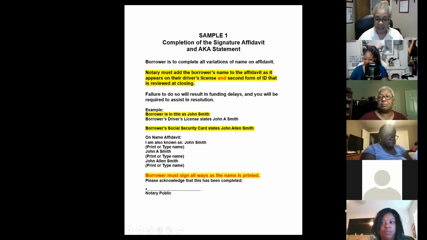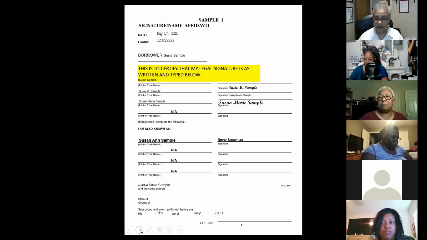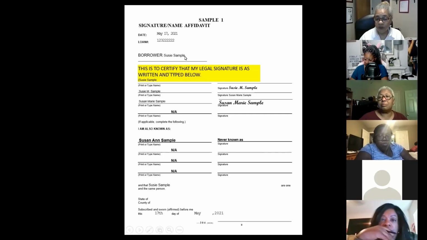So now let's look at one of these affidavits. In this example, it says this is to certify that my legal signature is as written and typed below. So Susie M. Sample, her name is Susie Sample. That's the way her documents read.